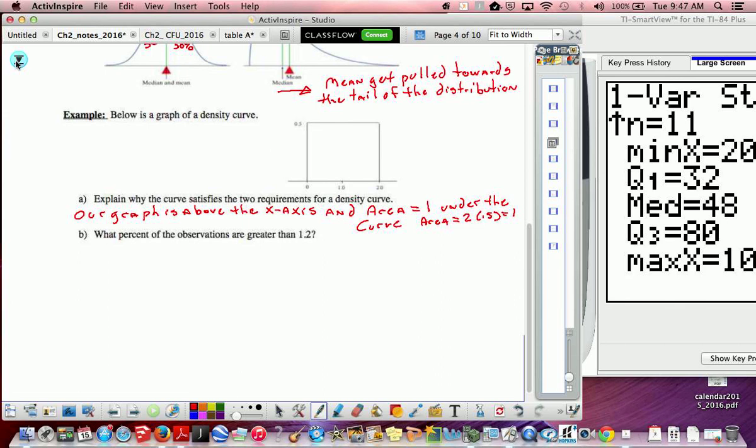On my graph, we're looking for 1.2 or greater. Now I'm going to give you some terminology that we're going to write more and more in this class. P can stand for probability, proportion, or percent. We want to know what percent of observations X are greater than 1.2.